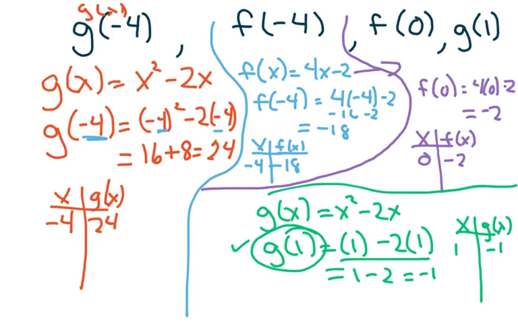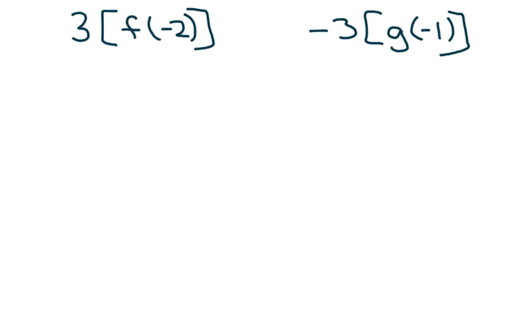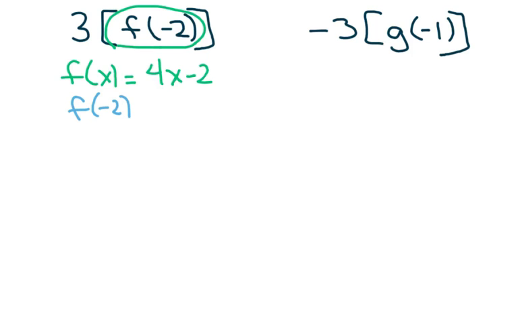Now what this is useful for is when we get into more complicated ones. So let's say I have 3 times f of negative 2, where f of x equals 4x minus 2. It looks kind of complicated, but I'm doing the same thing. I'm going to evaluate f of negative 2 first. You work from the inside out. So f of negative 2 equals 4 times negative 2 minus 2.